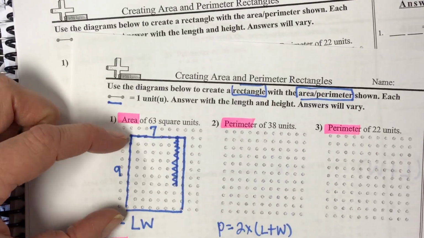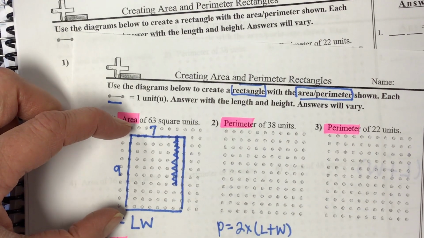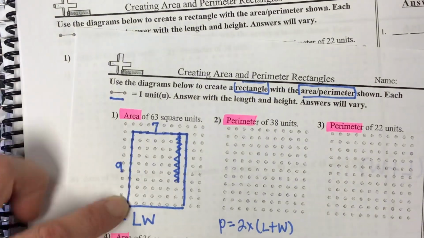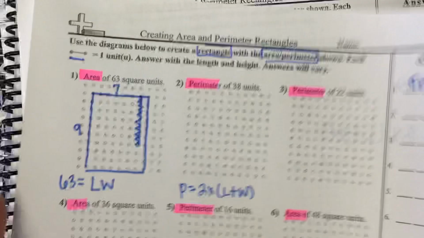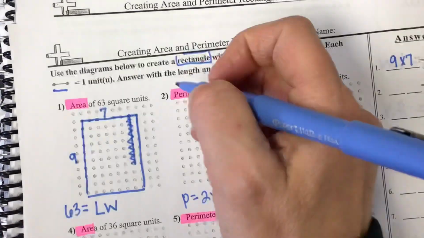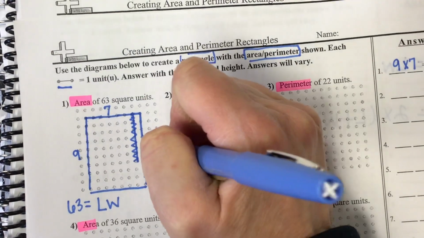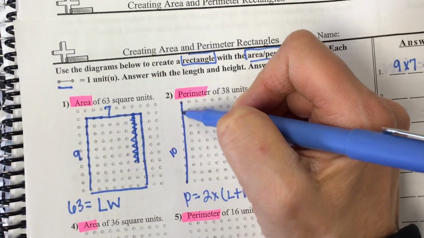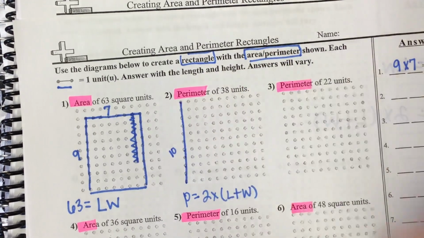Remember, this is 9. So going up, how many units? What could be the largest side I could have going up? 10. So let's do 10 by 9, okay? So, luckily, we already know that I can go from here to here to get 10, right? You can double count it if you need to. 1, 2, 3, 4, 5, 6, 7, 8, 9, 10.